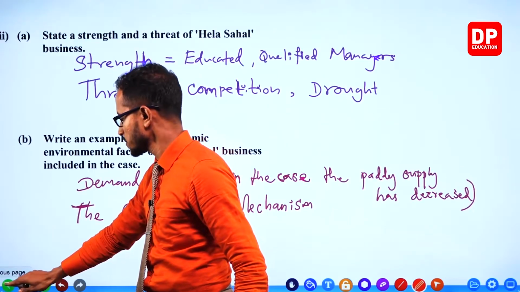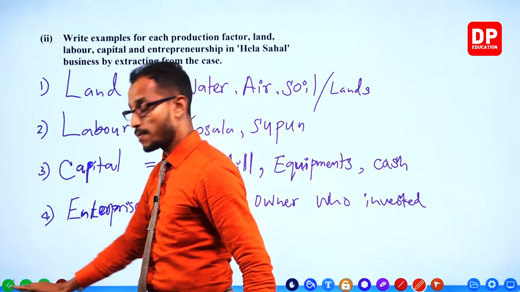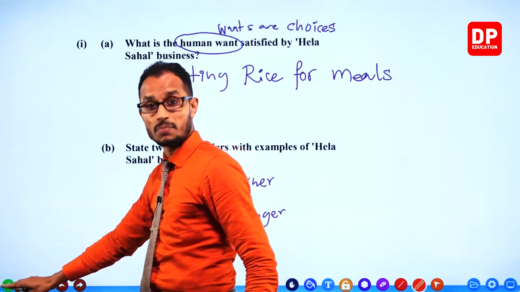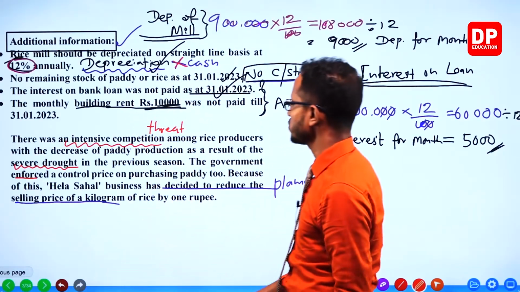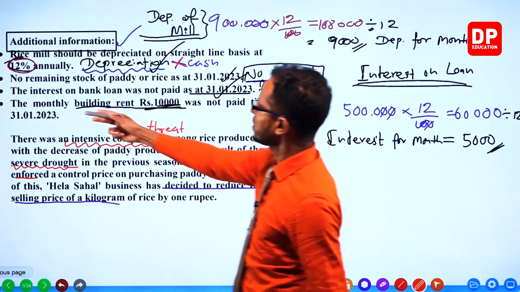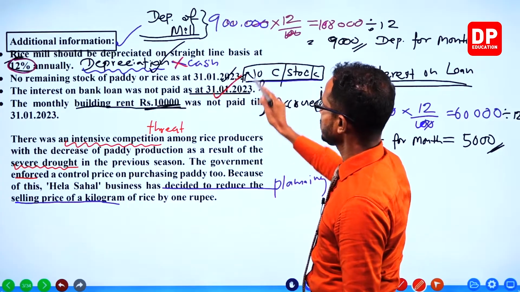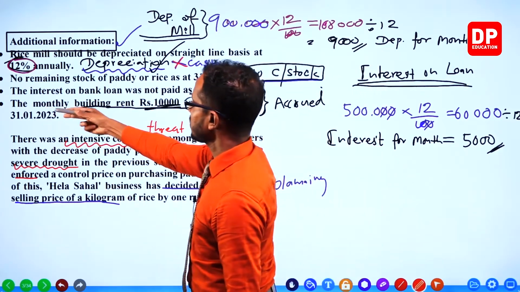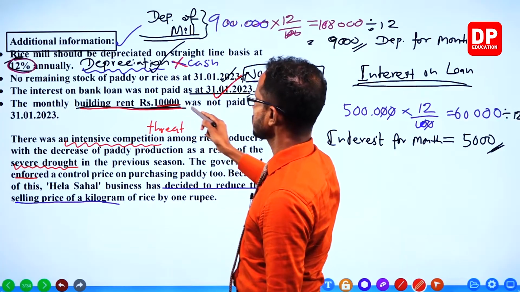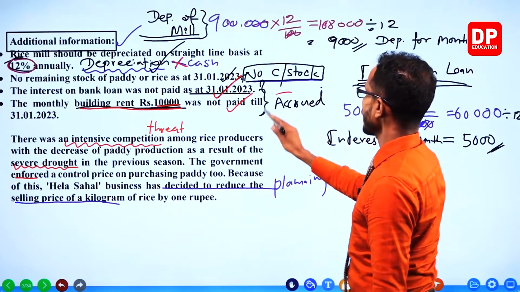Remember? Just a few minutes ago, we took this one. We took interest on bank loan, not paid. Because it's not paid, it's accrued. Monthly building rent, 10,000, not paid. Accrued.